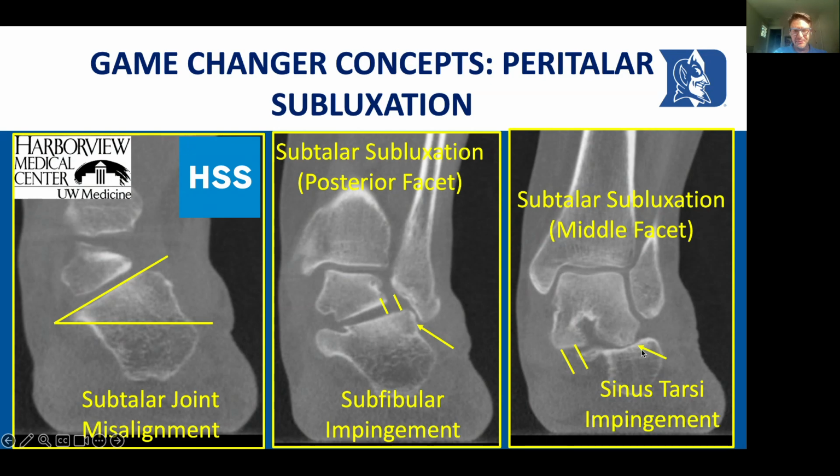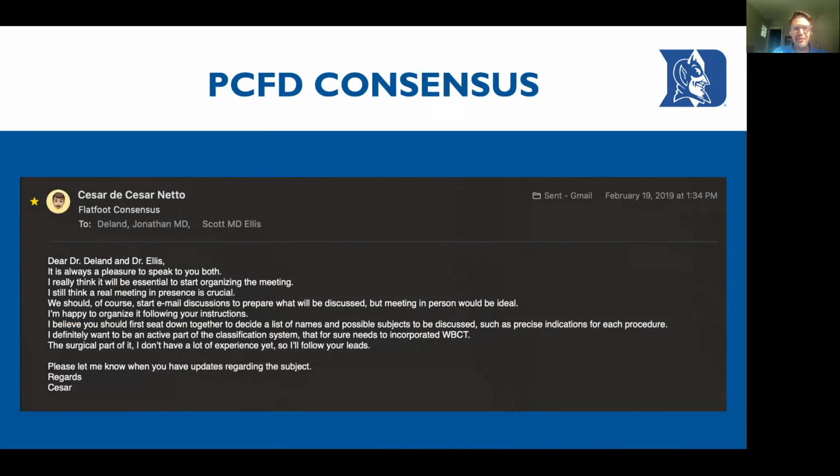Most importantly, the sign of sinus impingement, that is basically the lateral process hitting the calcaneus and the calcaneus hitting the fibula, are important concepts that we thought needed to be introduced in the literature, and they were not really utilized in the classification.